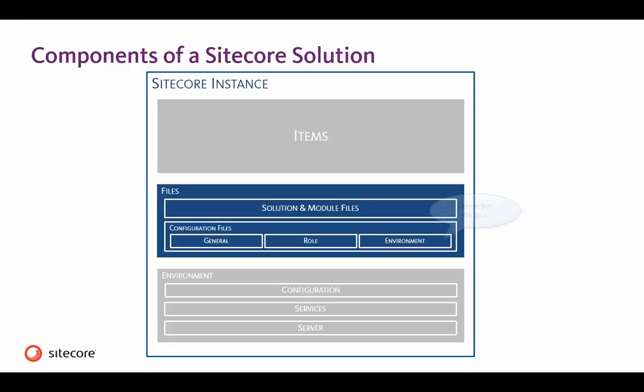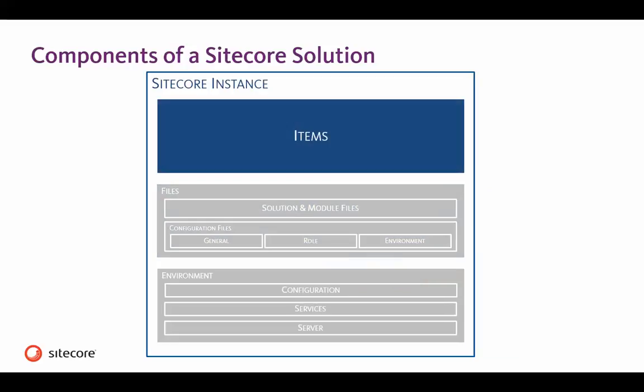One is environment configuration, which is connection strings, things that change depending on whether it's test, UAT, or local development. Another is the roles. So this is the content delivery, content management, SQL Server, publishing server. We'll get back to that as well. And then of course the general configuration, which is the overall changes that apply to all environments and all roles.